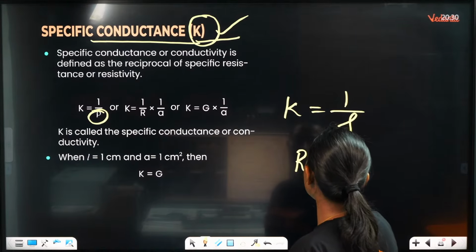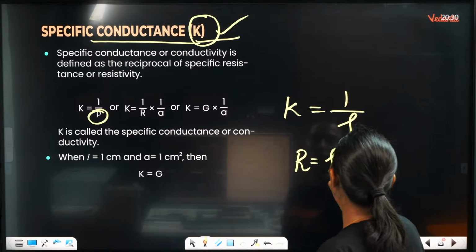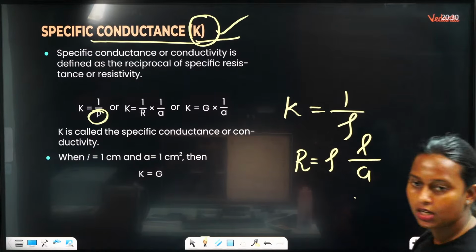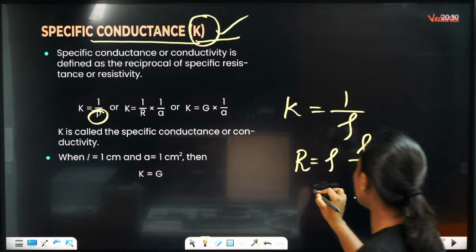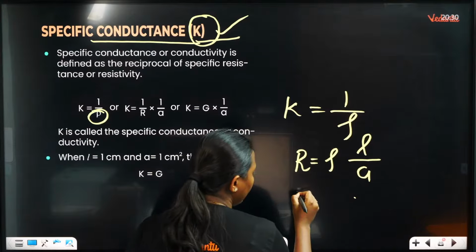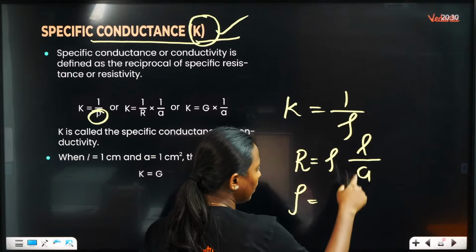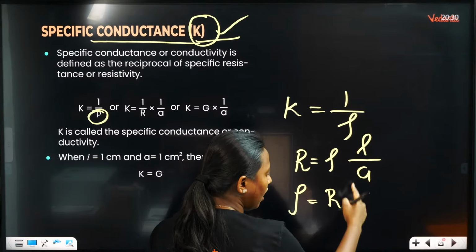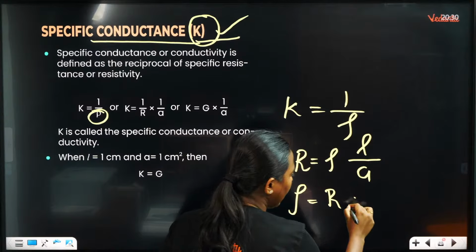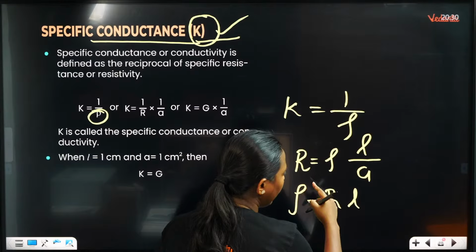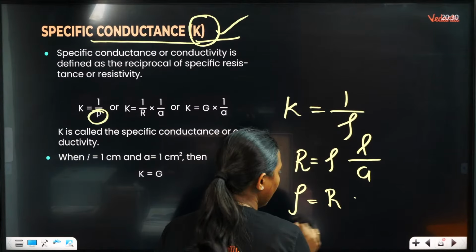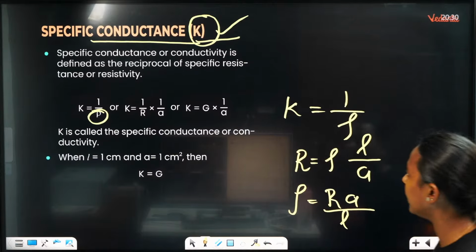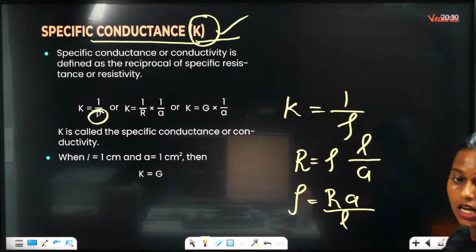Okay, we know that R is equal to rho into L by A. Okay, so what is rho here? So I am writing rho here. Okay, so rho is equal to R into A divided by L. Okay, that's rho.